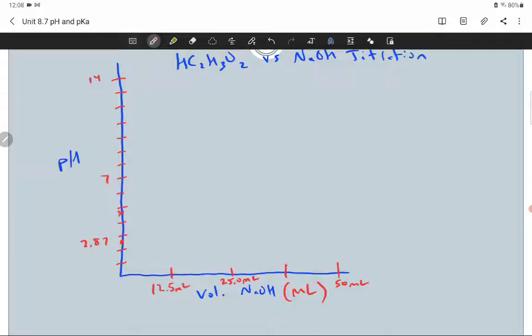And then it was told you halfway point, so it's going to take us 12.5 milliliters to get halfway to 25. So that's going to put us into that spot. So that was 4.74. Okay, so we have two dots so far.